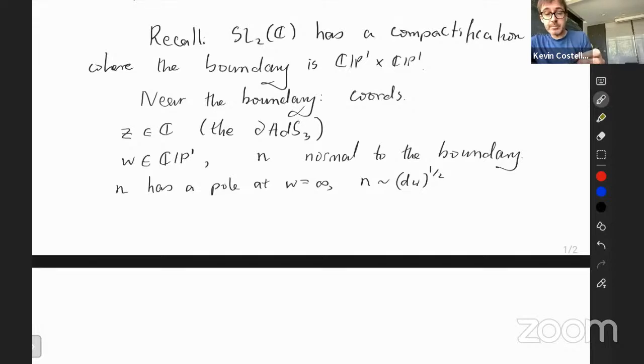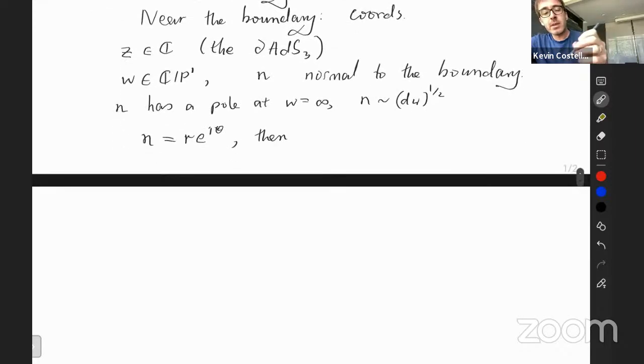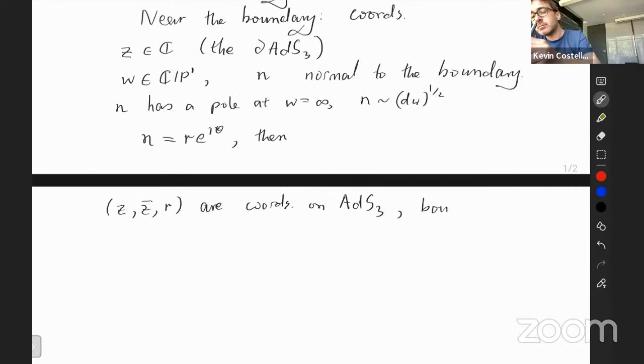These coordinates we're going to use are related to the coordinates on AdS3 times S3 as follows. If we write N equals r e to the i theta, then Z, Z bar, and r are coordinates on AdS3, really Euclidean AdS3, and the boundary is r equals 0.